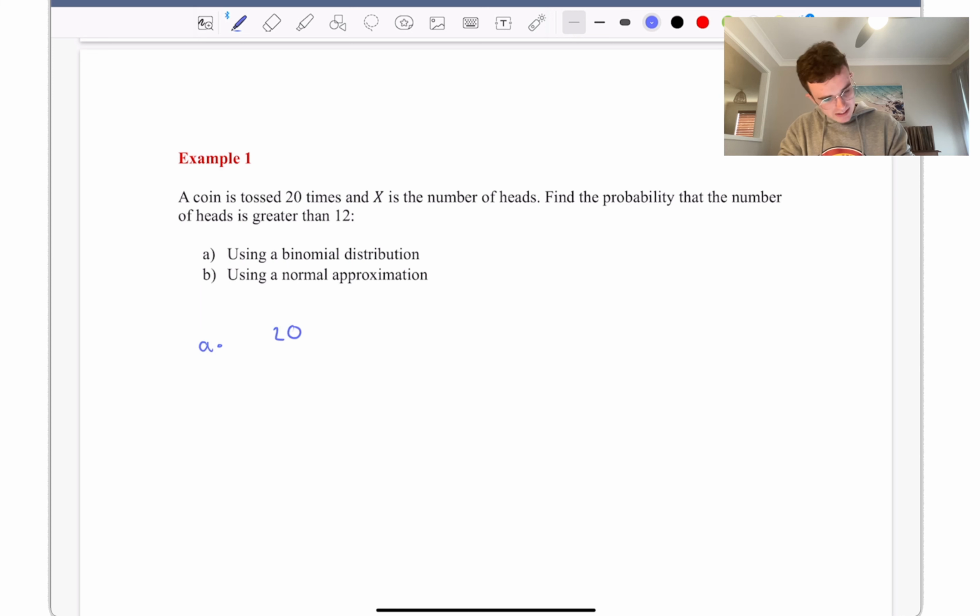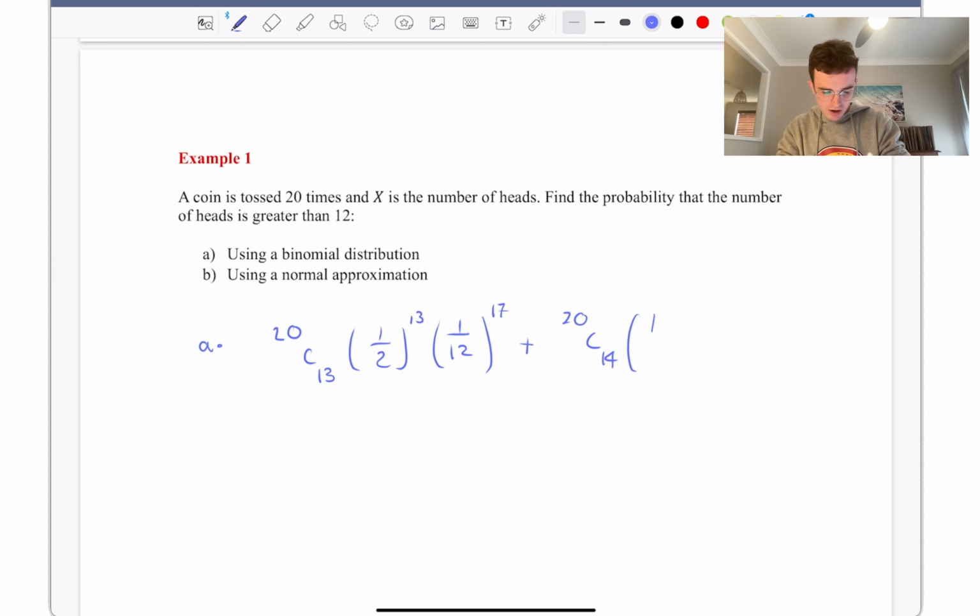So we're going to have 20 choose 13 times 1/2 to the power of 13 times 1/2 to the power of 7, plus 20 choose 14 times 1/2 to the power of 14 times 1/2 to the power of 6, plus ... plus, it takes us forever, 20 choose 20 times 1/2 to the power of 20.